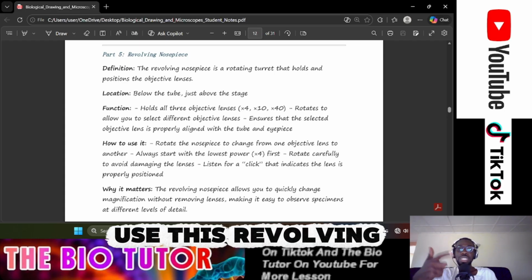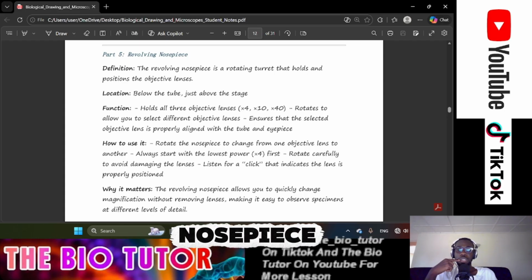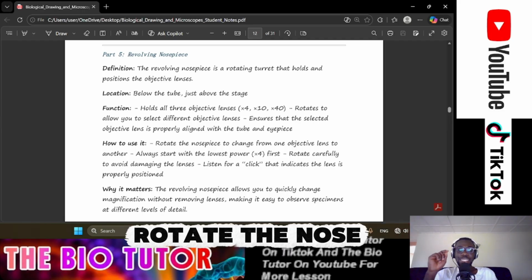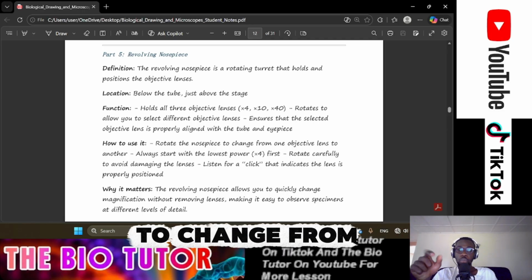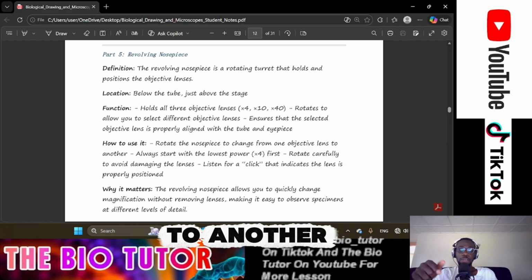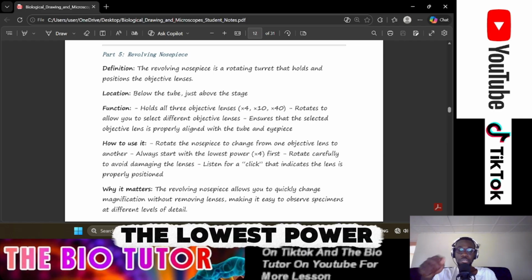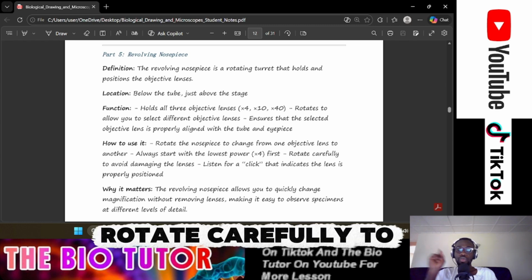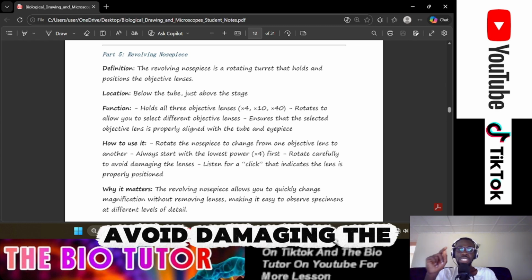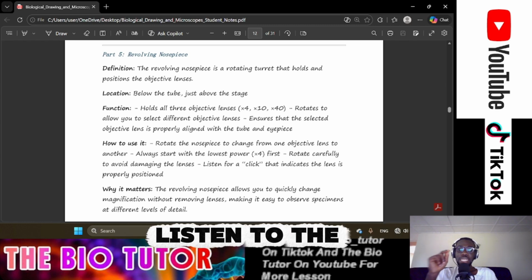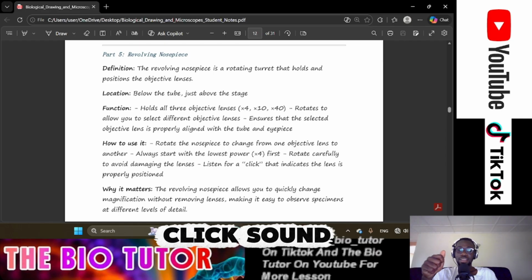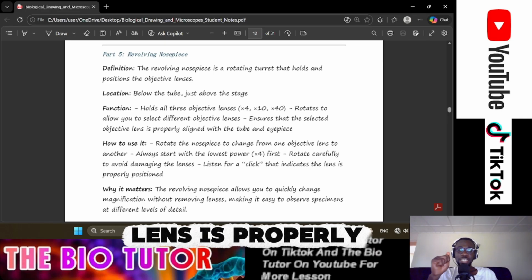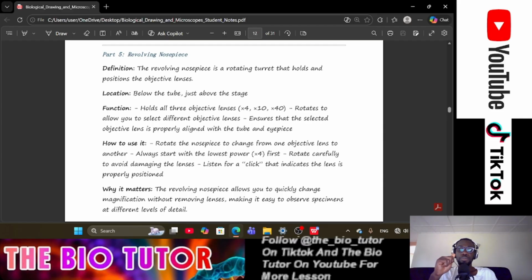How do you use this revolving nose piece? Rotate the nose piece to change from one objective lens to another. Always start with the lowest power, x4, first. Rotate carefully to avoid damaging the lens. Listen to the click sound that indicates the lens is properly positioned.